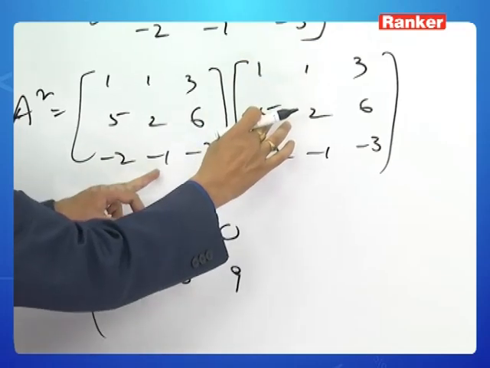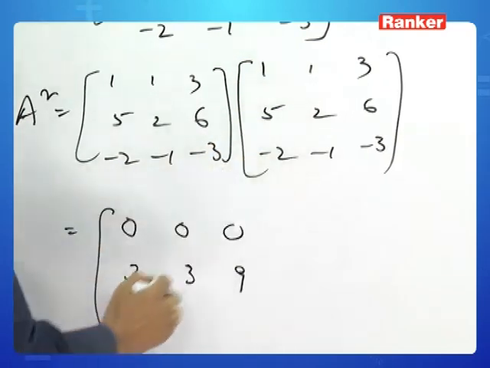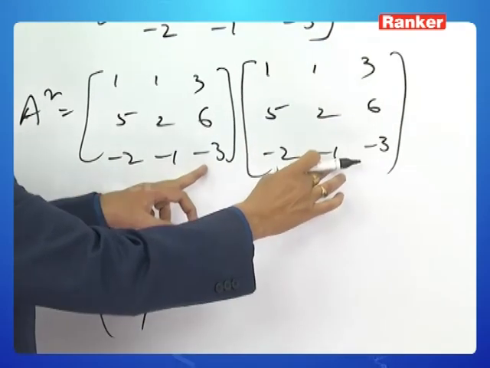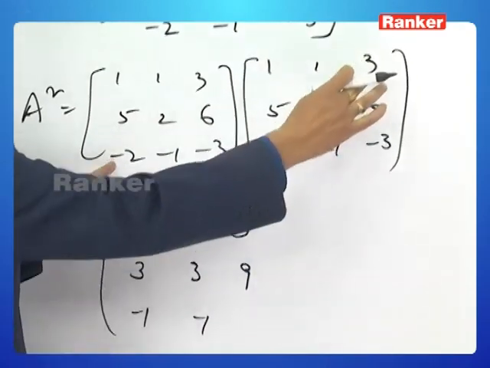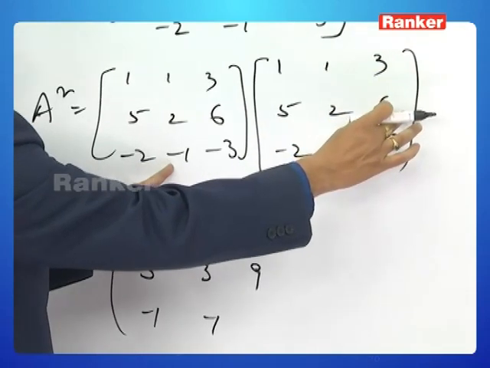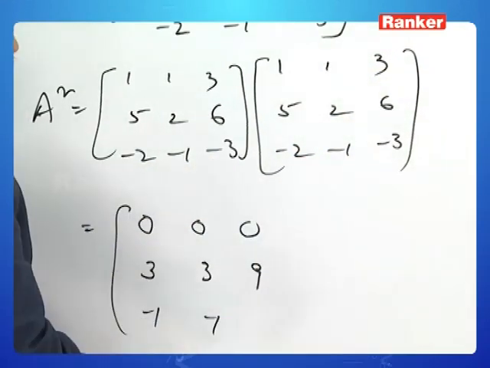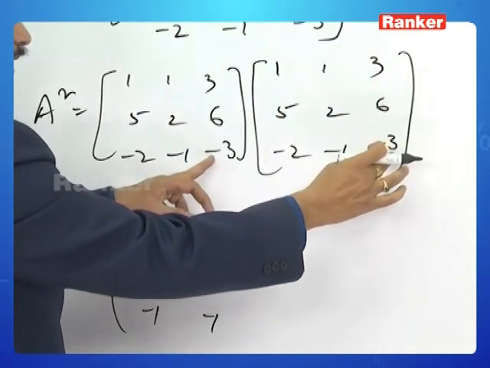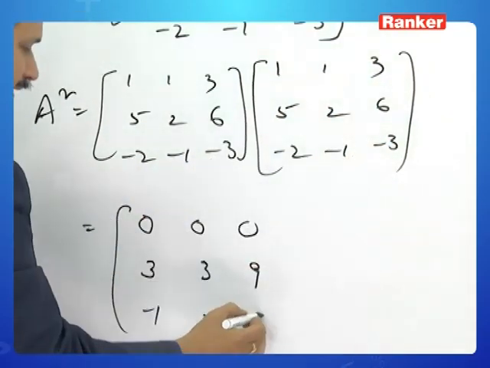Third row: minus 2, minus 5, minus 7, plus 6, minus 1. Minus 2, minus 4, plus 3, minus 1. Minus 6, minus 12, plus 9, minus 3.